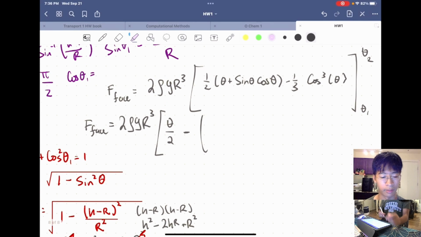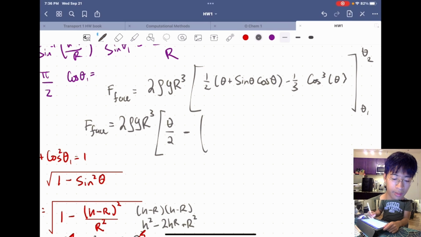So let's get started. I have 1/2, or let's go ahead and distribute that through. Theta 2 plus 1/2 sine cosine theta. What do I have?